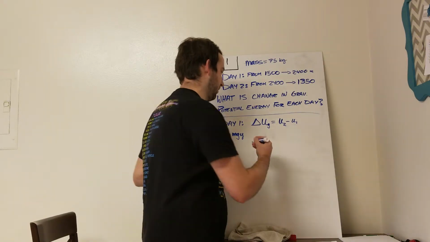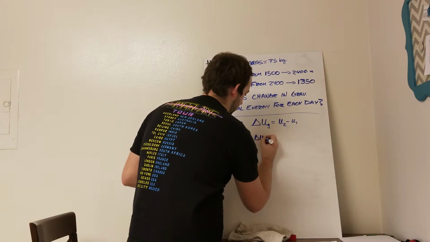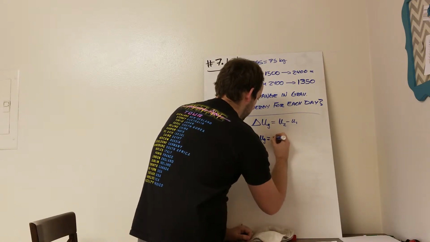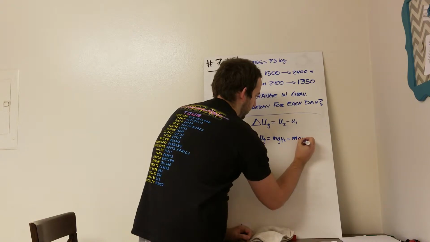So we'll end up with the change in gravitational potential energy equals mgy2 minus mgy1.